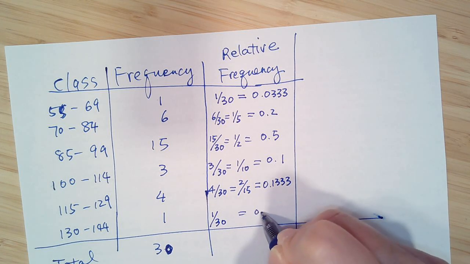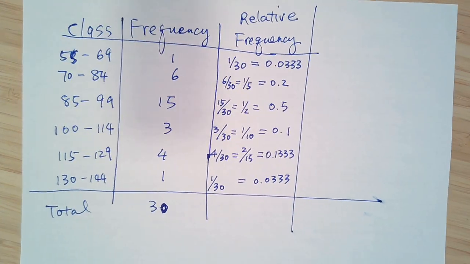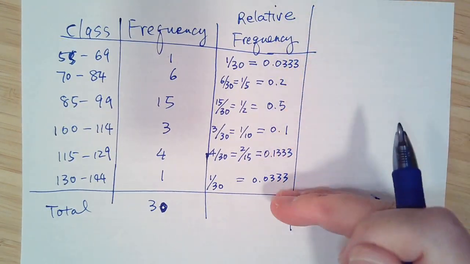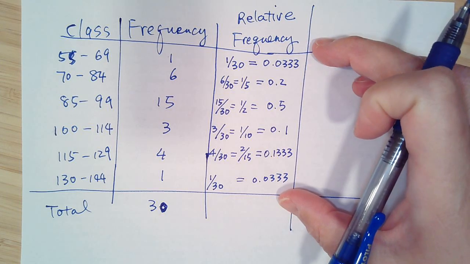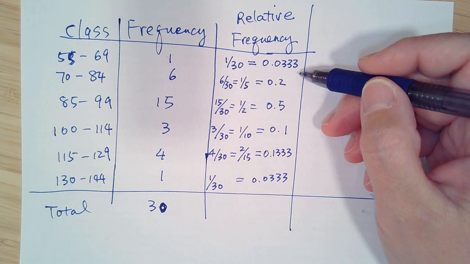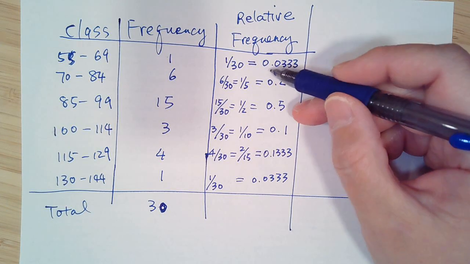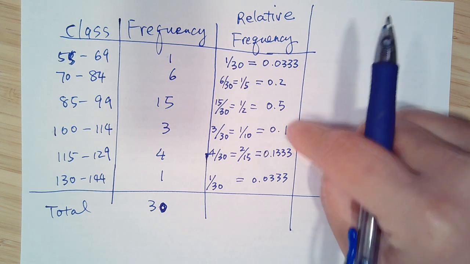For all the relative frequencies, I ask you to add all those numbers together to see what you have. If you keep 4 decimal places like I do, then 0.2, 0.5, 0.1, it's already 0.8, and here's a 0.1, so it's 0.9, and you have the 0.3333s.